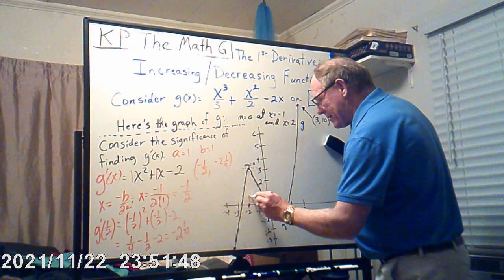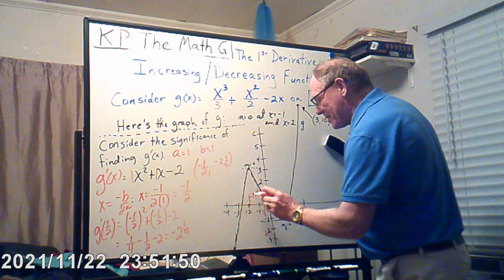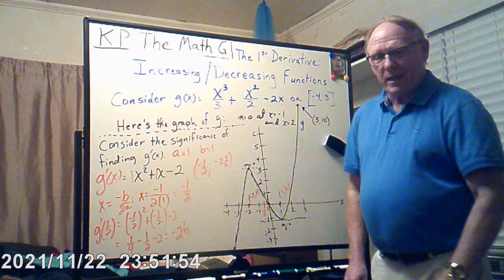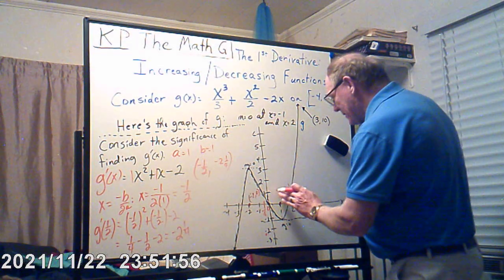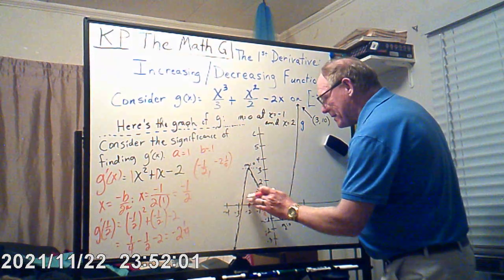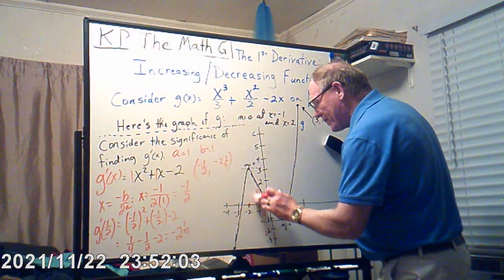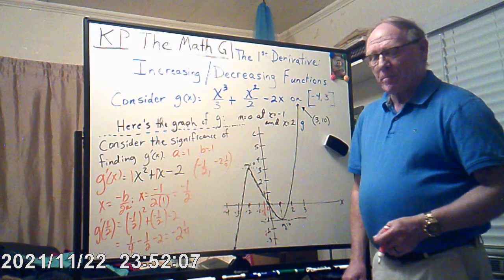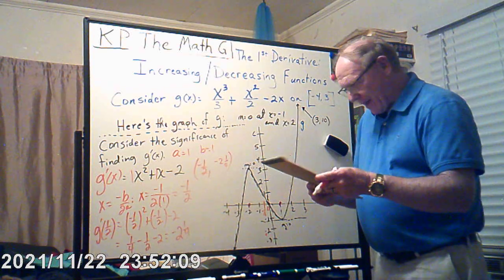This is negative 2 comma 0, and this is 1 comma what? 0, isn't it? Okay, this is that point. That's where the slope is equal to 0. When it crosses the x-axis, that's the slope at 0. And it should be. We should have had that.